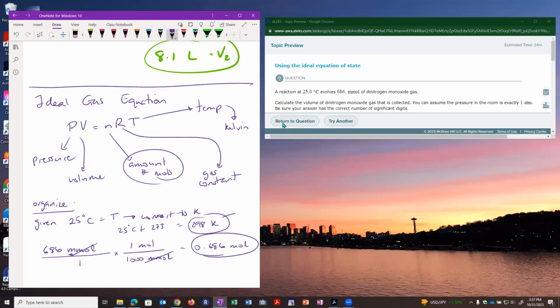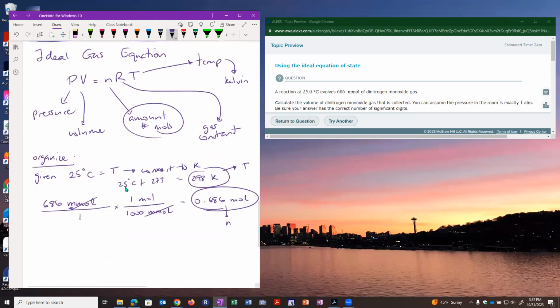So the 298 Kelvin, that's our temperature. This here is our n. It says calculate the volume. So right away we know V is going to be our unknown. That is collected. And it says to assume that the pressure in the room is exactly 1 atmosphere.